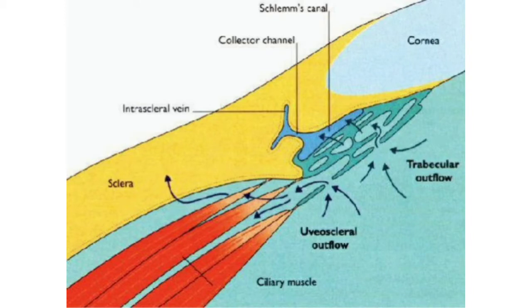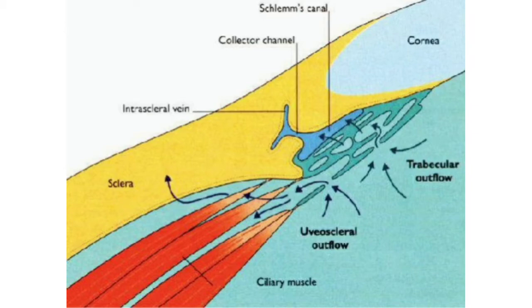This is actually another picture, but you can see there are two outflow tracks. One is trabecular outflow, another is uveoscleral outflow. Both are draining the aqueous humor. I have given this picture.